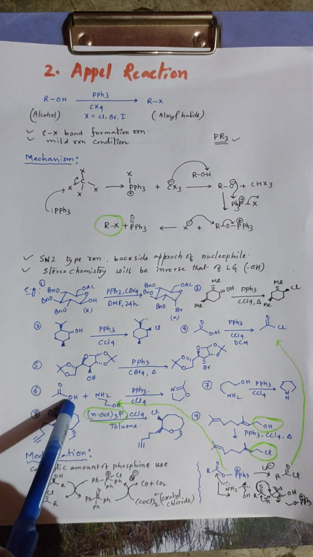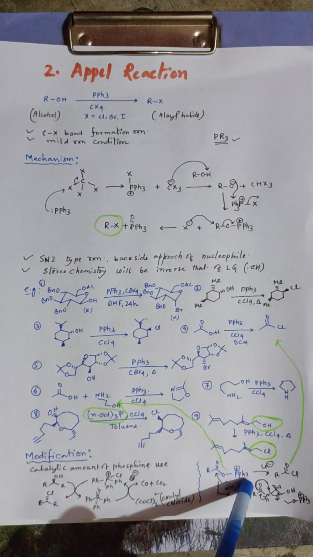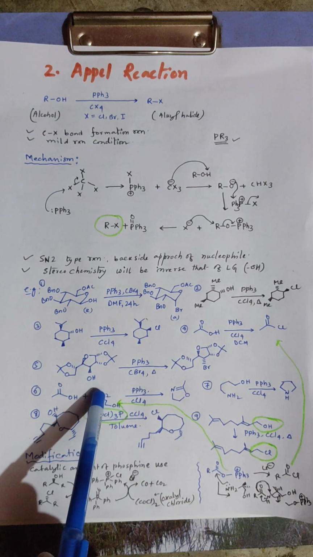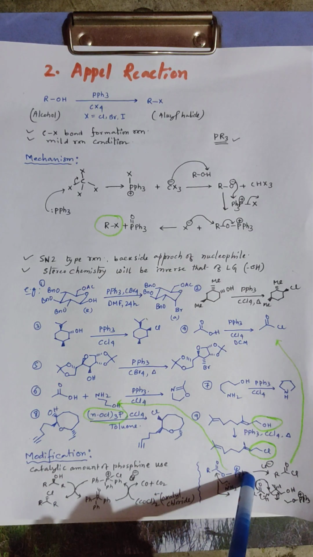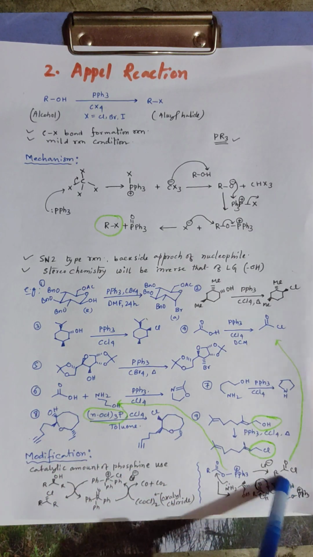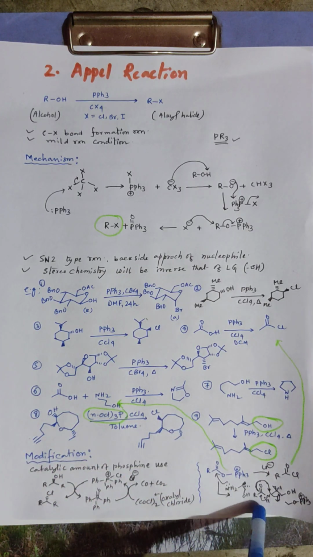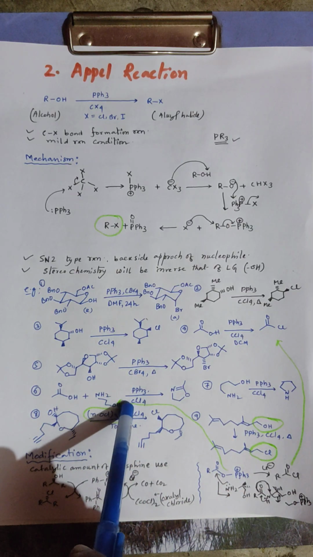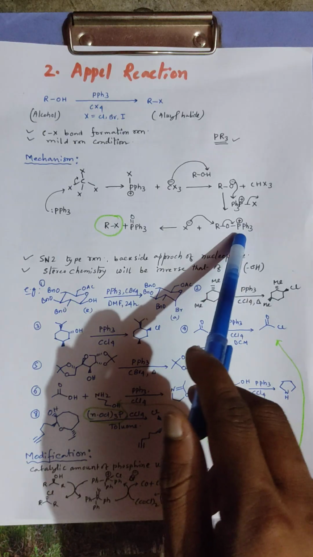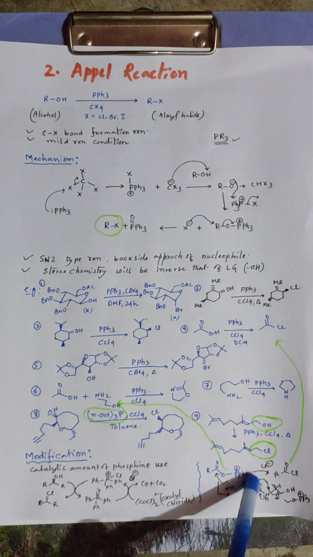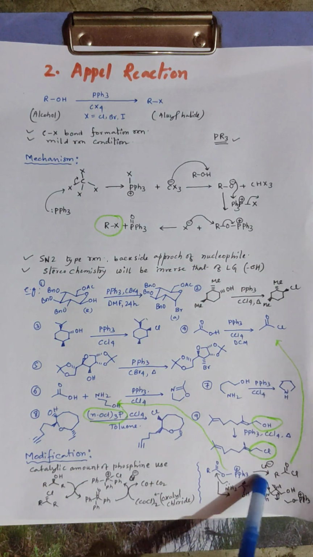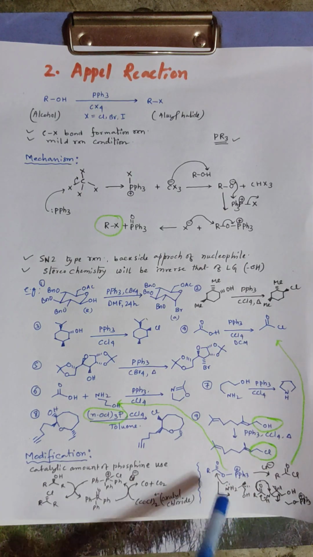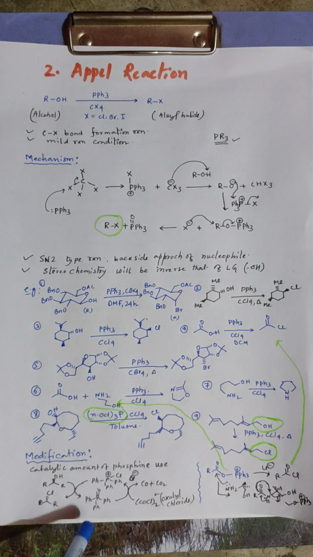In example 6, a similar intermediate forms and further reacts with the NH2 group as a nucleophile. The POPh3 leaves out, giving this amide. Further, this OH also undergoes an Appel type reaction, and from this amide, cyclization happens through the oxygen center and gives this cyclized product.